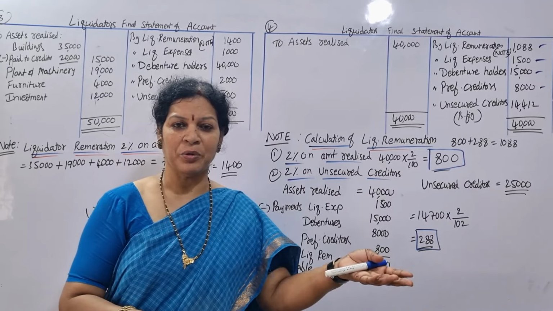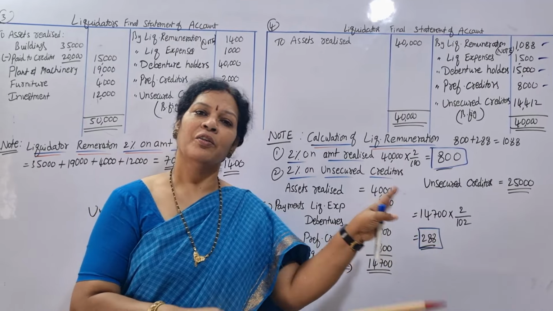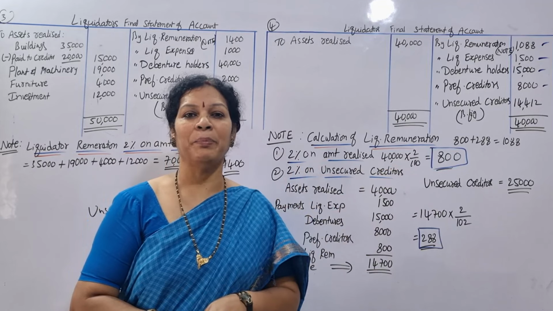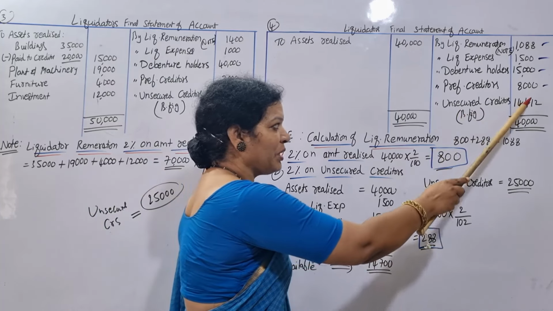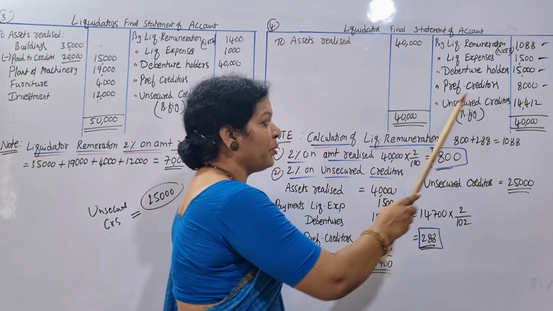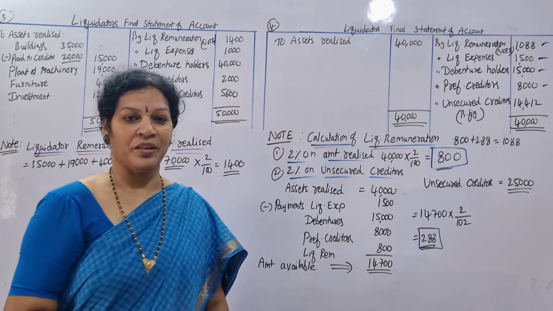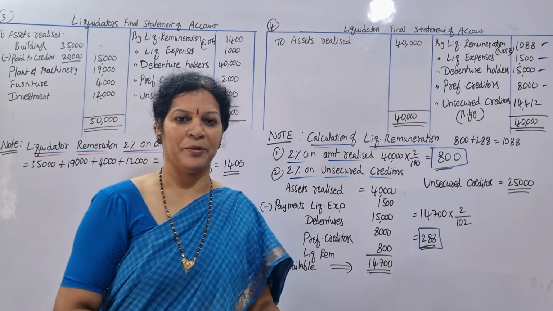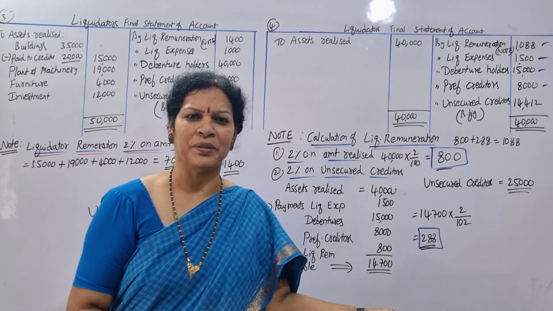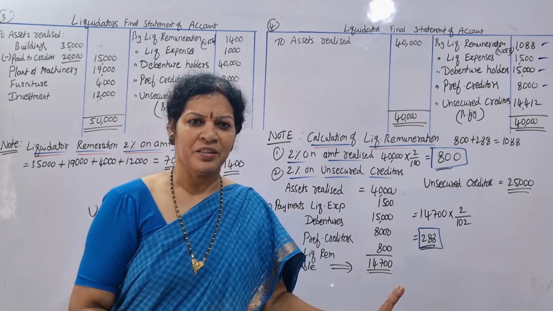If any extra amount is there, for equity shares and preference shares we would have made payment. Now here no one is there. So whatever balance is there, 14,412 we are paying to the unsecured creditors, whereas unsecured creditors are owed 25,000. We are making this much payment. Liquidation position, we can't help it. Are you getting it? Simple.